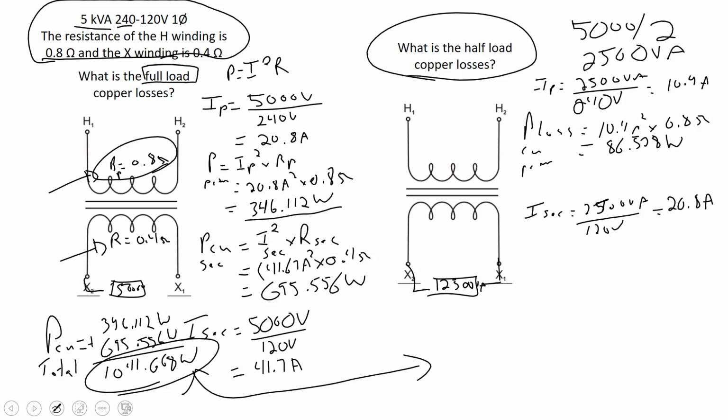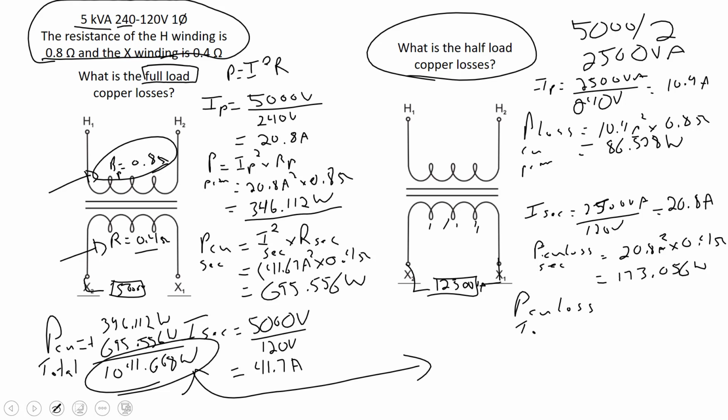And on the secondary here, the heat dissipated by the secondary winding, so Cu loss secondary, the I is 20.8 squared times our resistance of 0.4, and that will come to about 173.056 watts. And so if we wanted the total Cu loss of this transformer, we'd have to add these two up, and it would come to approximately 260 watts.